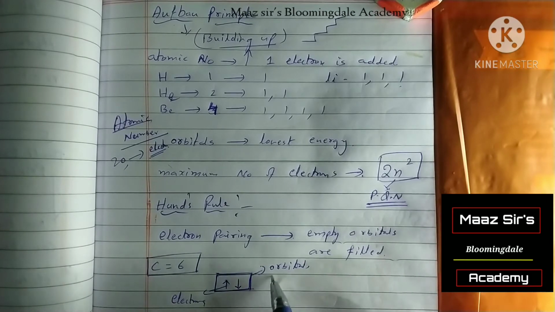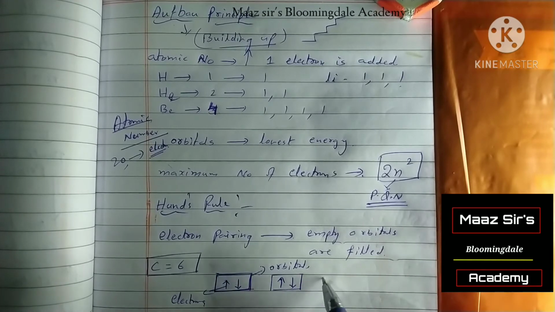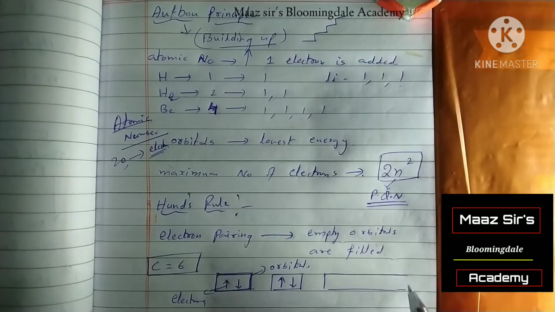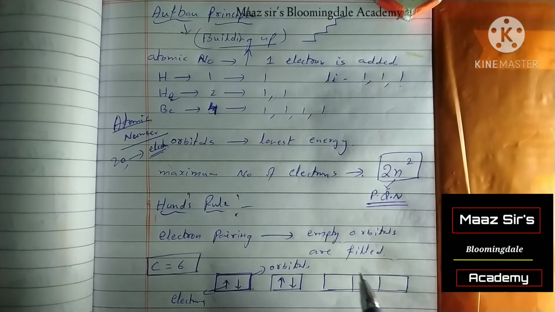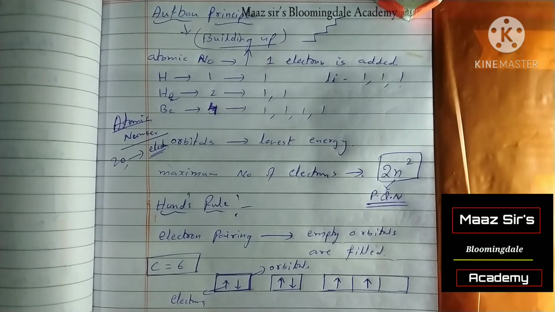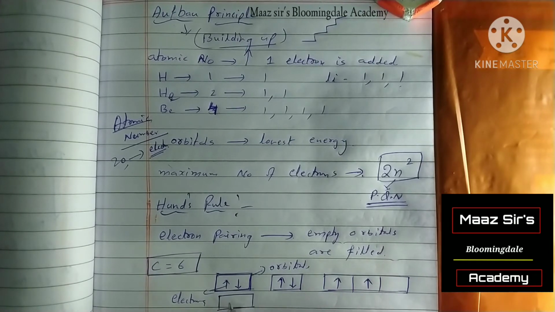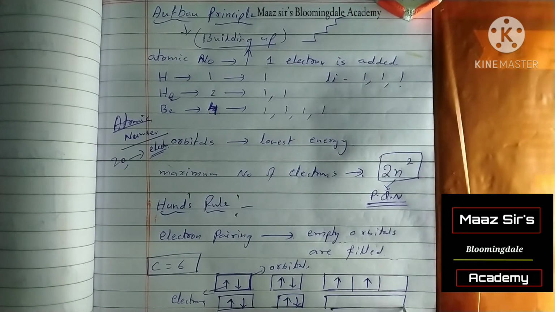In the first orbital there are 2 electrons, in the second orbital there are 2 electrons, and in the third orbital I am arranging the electrons like this. Is it clear? If I draw the diagram like this, it will be against Hund's rule.